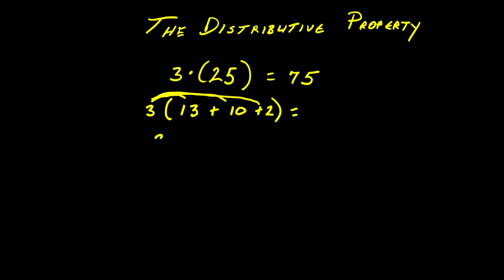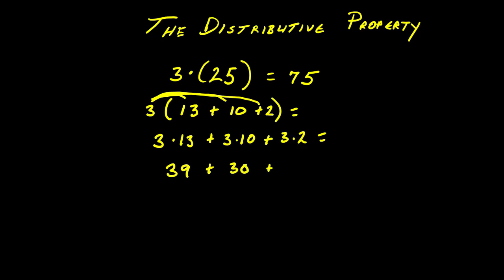We'll write it as 3 times 13, add 3 times 10, add 3 times 2, and hopefully that equals 75. 3 times 13 is 39. 3 times 10 is 30.